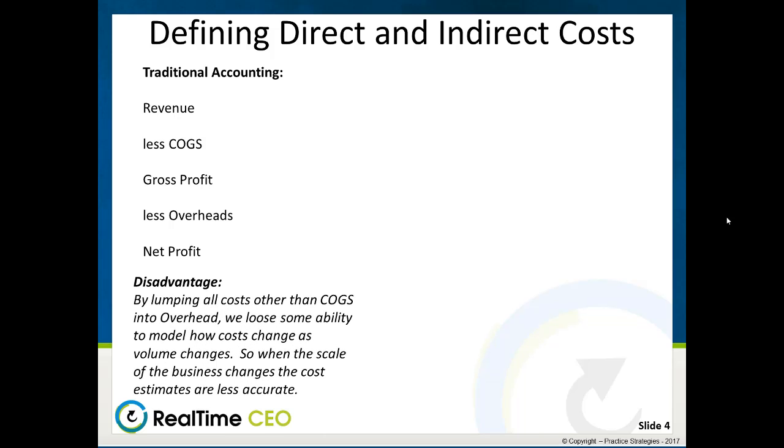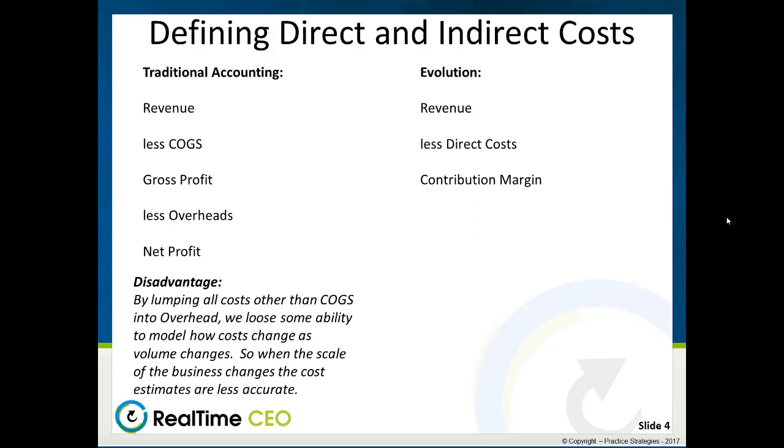Now clearly the disadvantage here is that if we have a number of variable costs sitting down in our overheads, we have less ability to apply the correct variability to our costs, so our estimates of future costs are going to be less accurate.